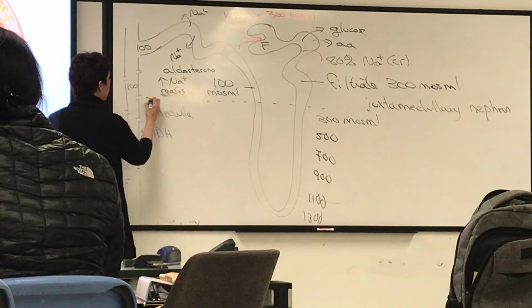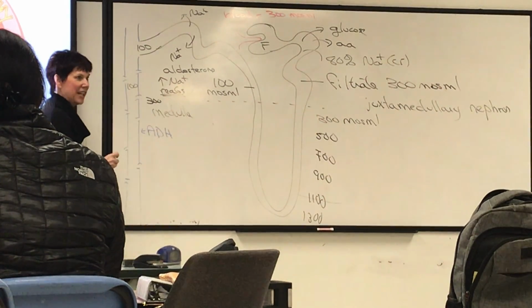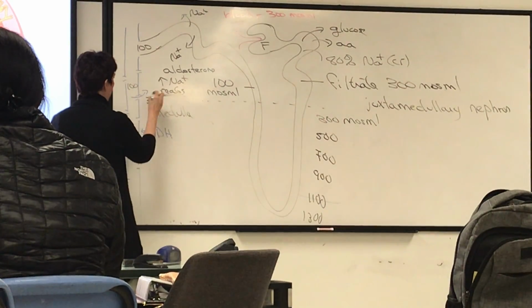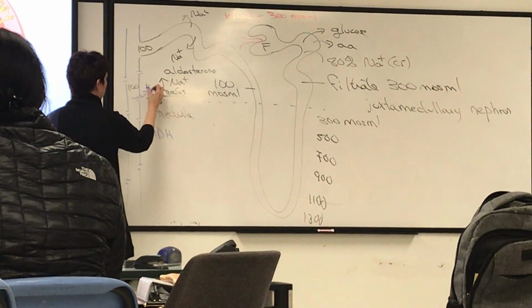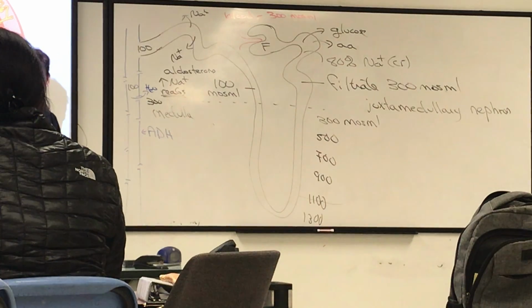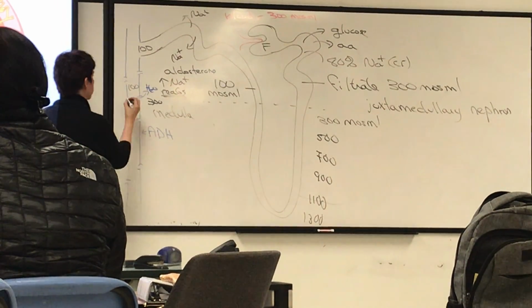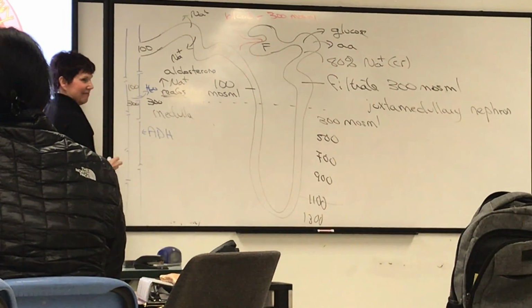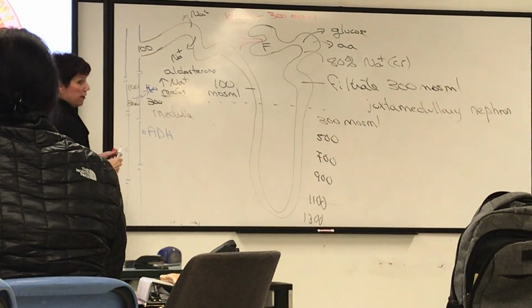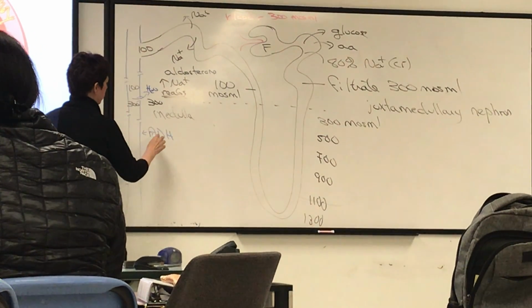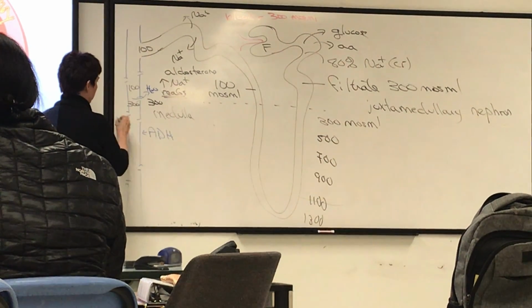So if we have an osmotic concentration of 300 here, water is going to be drawn out to the higher concentration of salts and a little bit of urea. All right, so now this becomes 300. But as it flows farther down, it gets to an area of the intracellular fluid where it's 500.